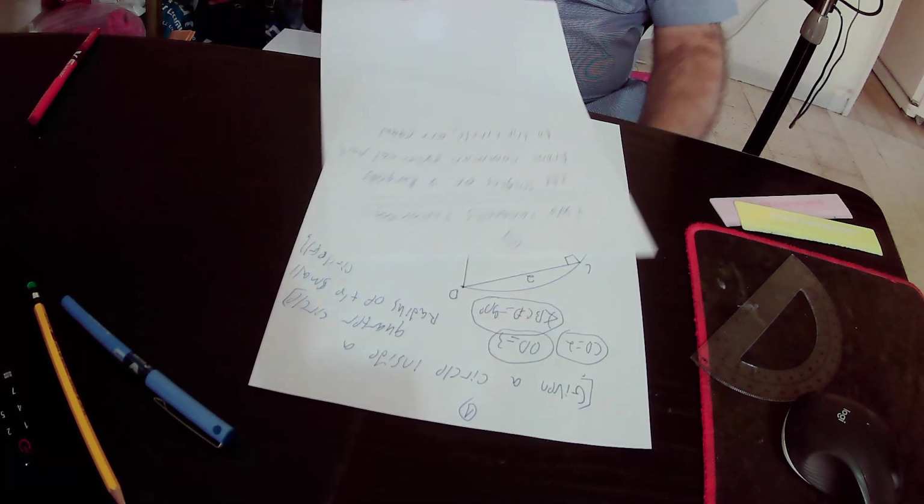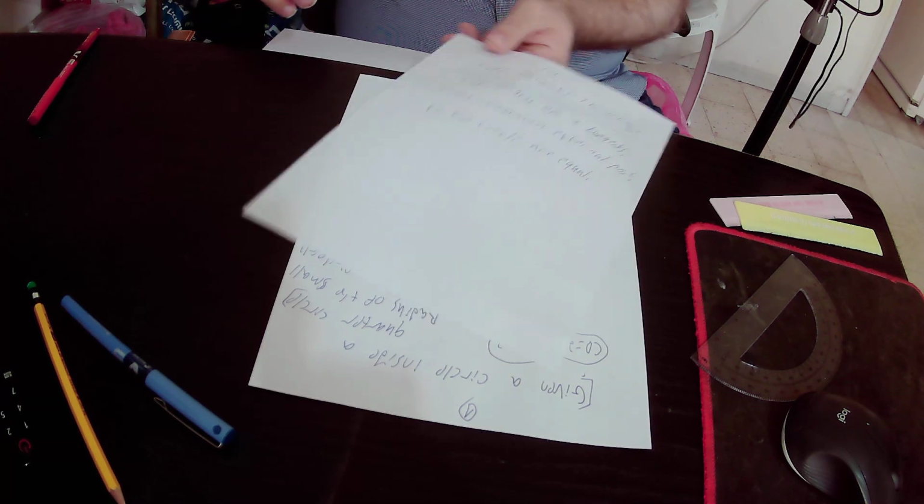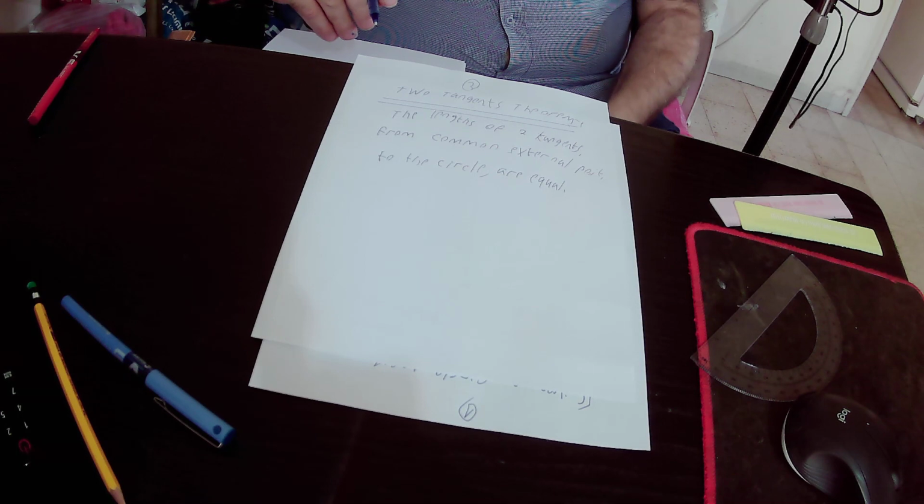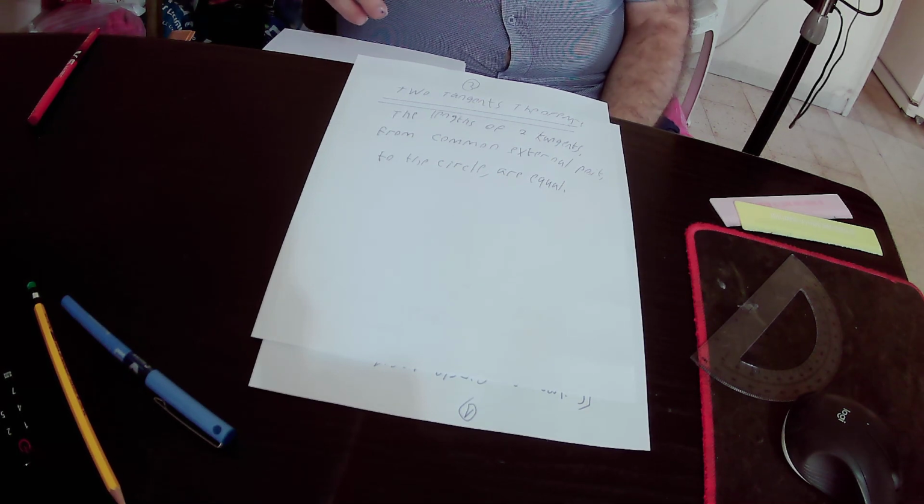Again, the two tangents theorem states that the lengths of two tangents from a common external point to the circle are equal.